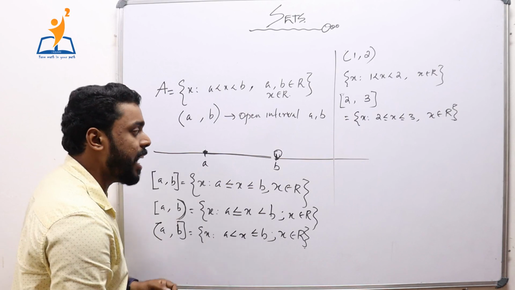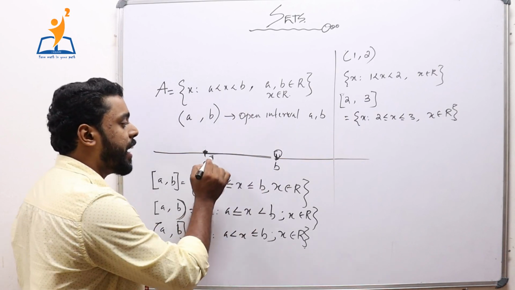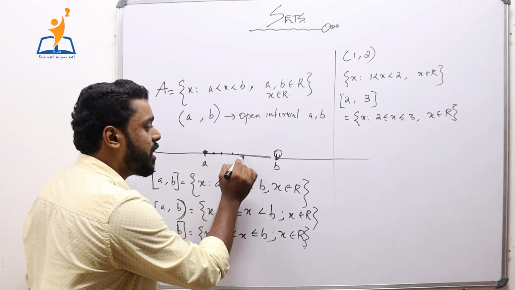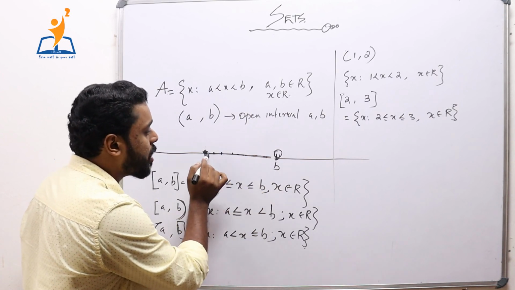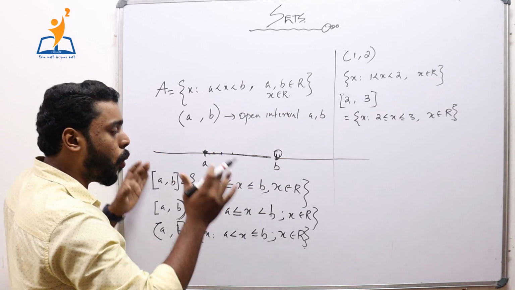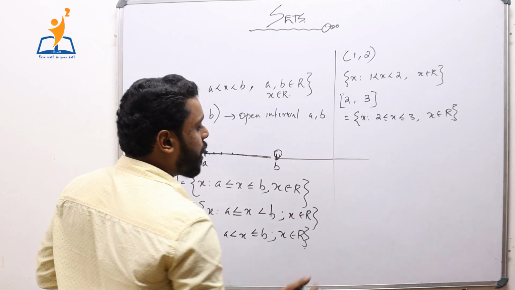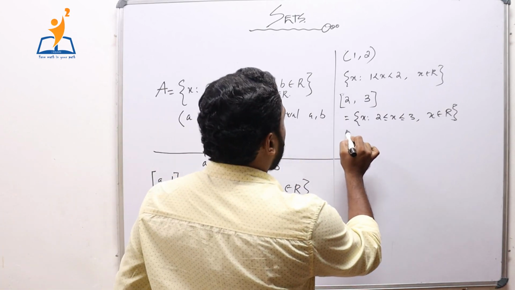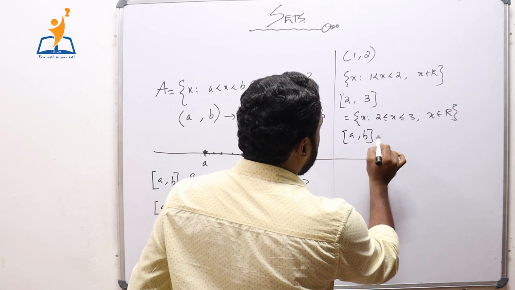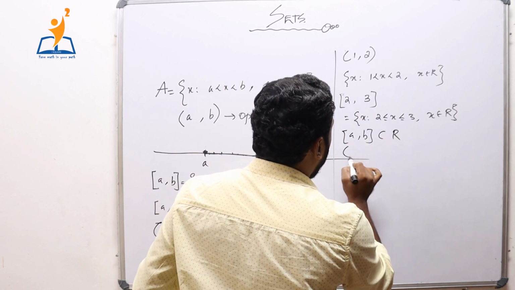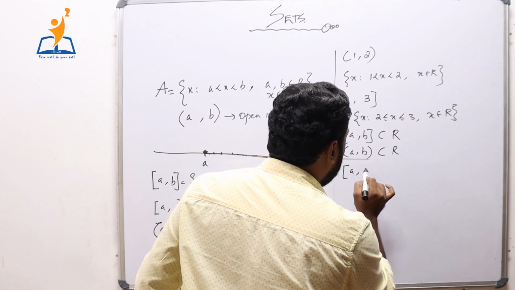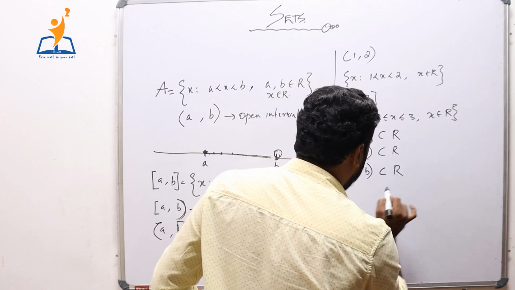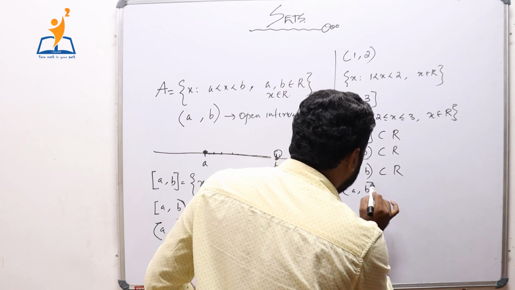Every element of the interval, all the points in between A and B, are also points in the entire number line. So we can say that closed interval AB is a subset of R, open interval AB is a subset of R, closed A open B is a subset of R, open A closed B is also a subset of R.